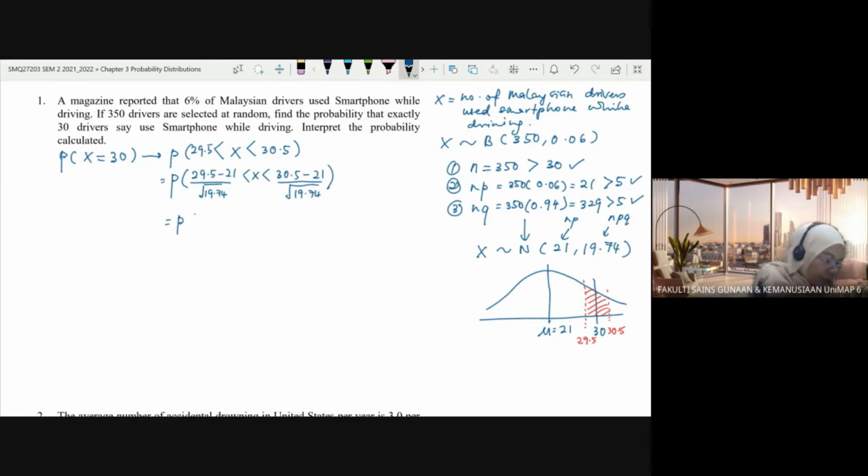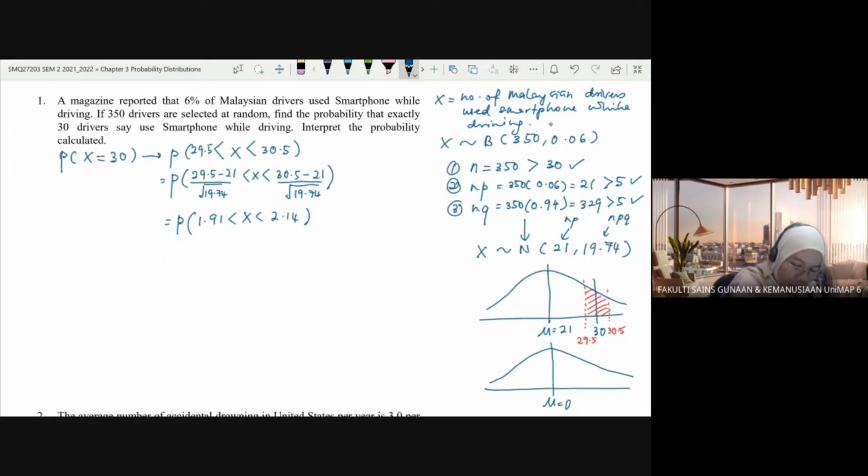If you calculate, you will get 1.91 and 2.14. So if we were to draw the region using the standard normal, this is where the mean equals 0, and this is where 1.91 until 2.14, and this is the probability or the region that you are looking for.